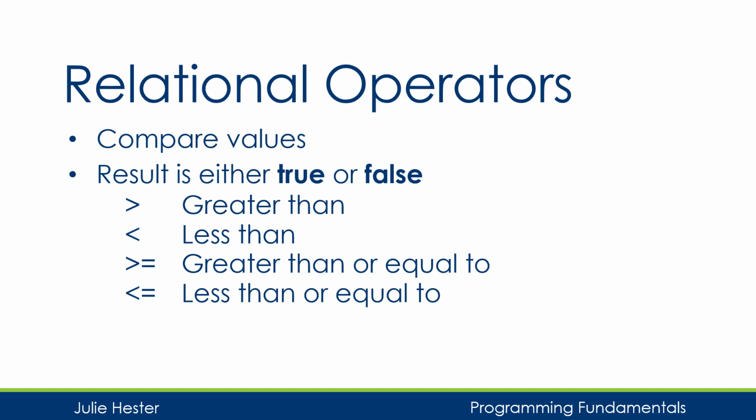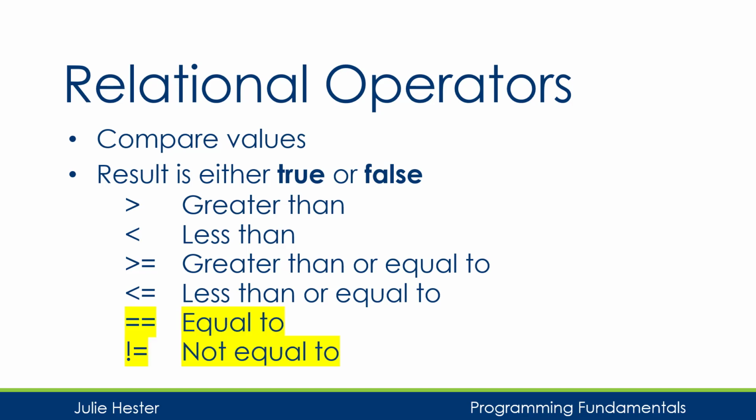Now in C++ programming, we have two additional operators. We have the equal operator, where we're testing to see if two things are equal or equivalent. And then we have the exclamation mark equal operator, which is trying to test if two things are not equal, basically the opposite of equal.